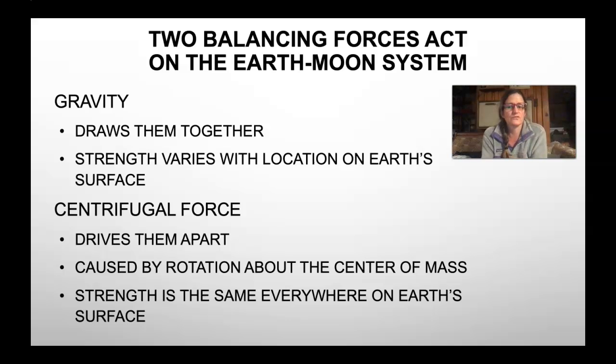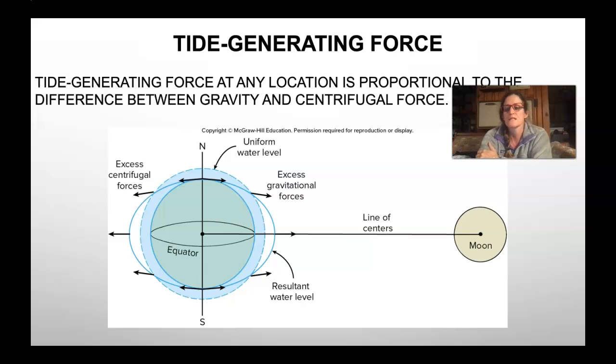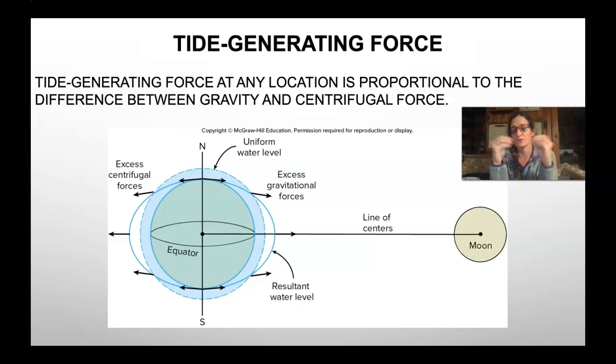There's also a centrifugal force that's trying to drive them apart because they're rotating around, right? It's caused by the rotation about that center of mass, and the strength is the same everywhere on the Earth's surface. You have the gravity pulling them together, and then that force that is pushing them apart, and you have to think of those two at the same time.